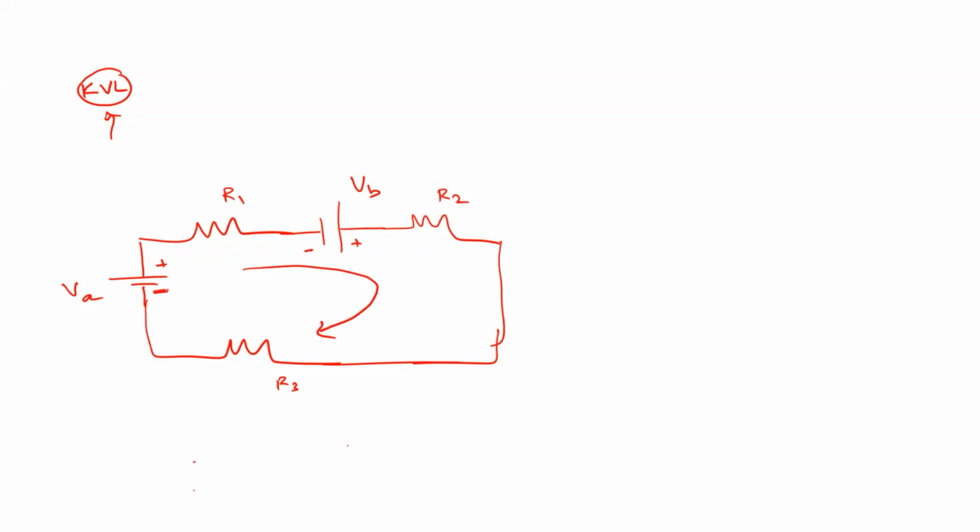We have some convention. If the current is leaving the source, we assume it is positive. When the current is entering the source, we assume this is minus VA. Clear?